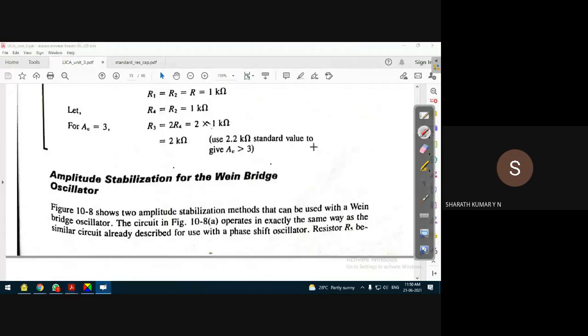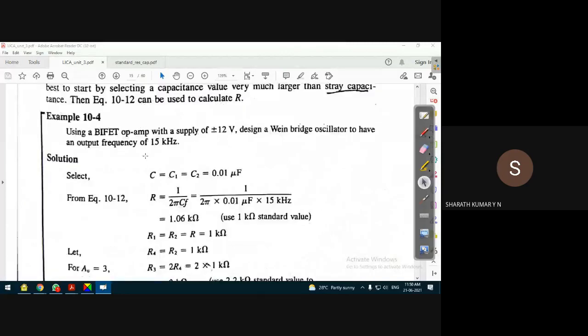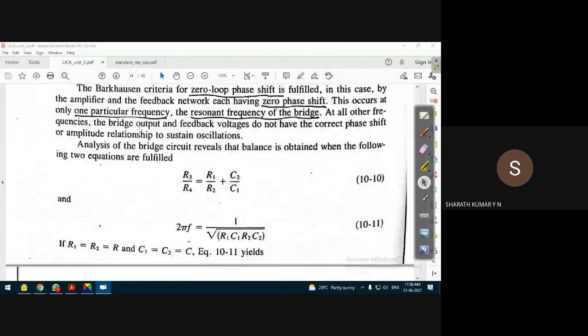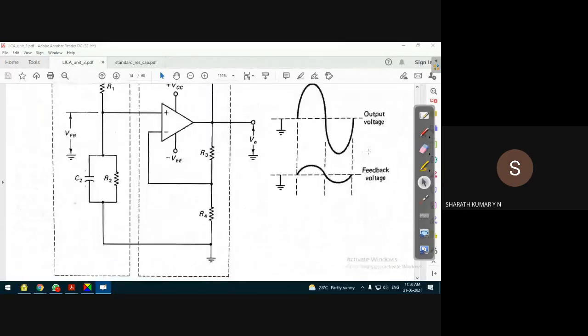That is to make sure that the voltage gain is at least 3, should be greater than 3, of course. In most cases, because of the losses in the circuit, the resistance power dissipation, the gain will be less than 3. So it is better to select R3 such that the voltage gain is always greater than 3.